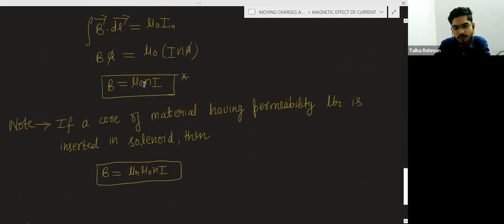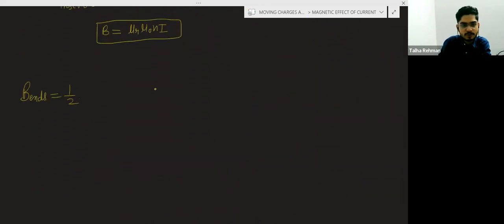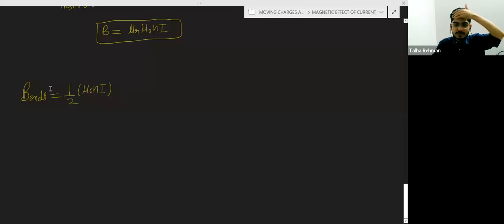Mu 0 small n into I. For this formula, the derivation part is not in your syllabus. So you can remember this formula if someone asks for the magnetic field at the end point.